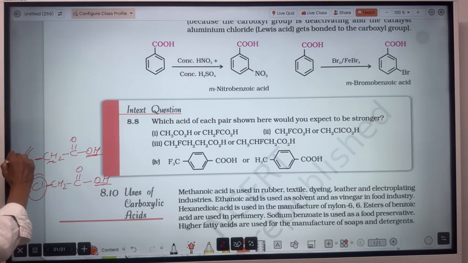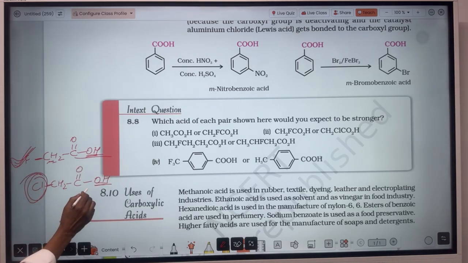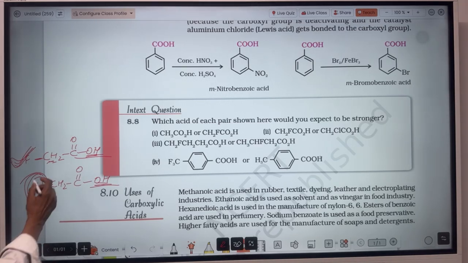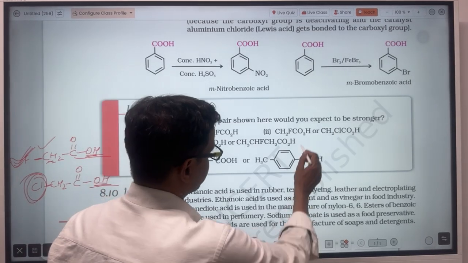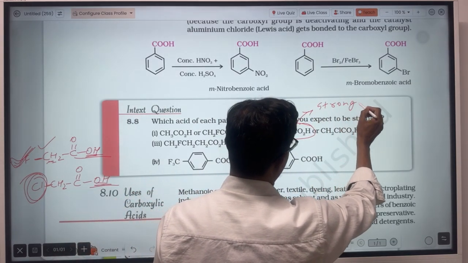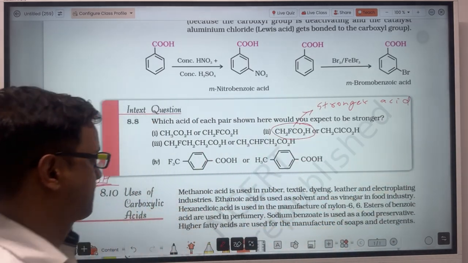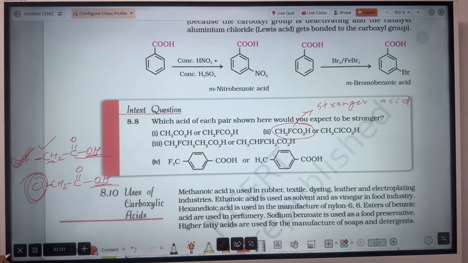This fluorine will cause more stress on this bond as compared to the stress this chlorine will cause on this OH bond. So obviously this molecule will be more acidic, this molecule will be a stronger acid. Now the third one.